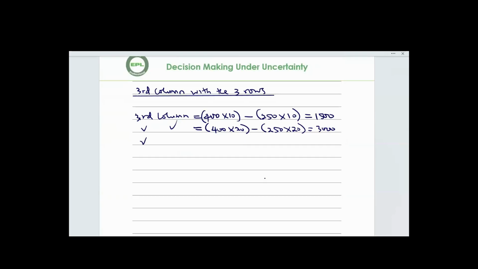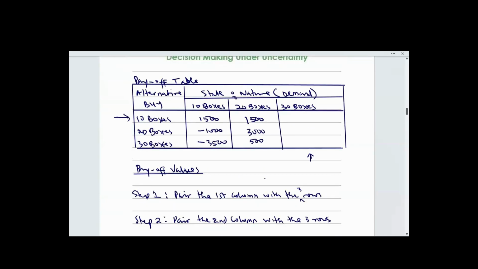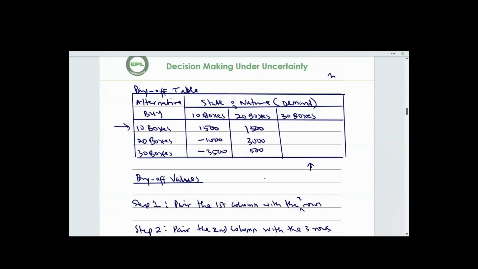Then, still on the third column, 400 naira contribution multiplied by, go back to the table. You want to pair 30 boxes, customer demanded for 30 boxes in the third column. Then the company has taken 30 boxes of apple to the market to sell.